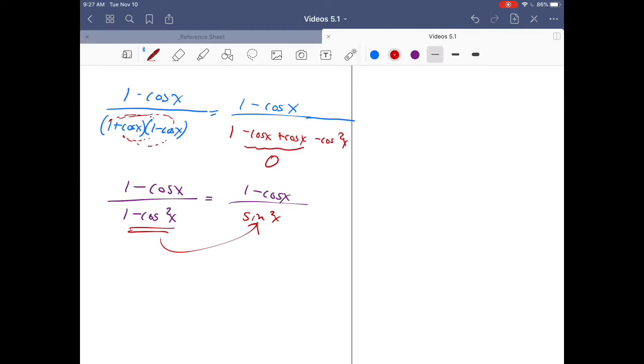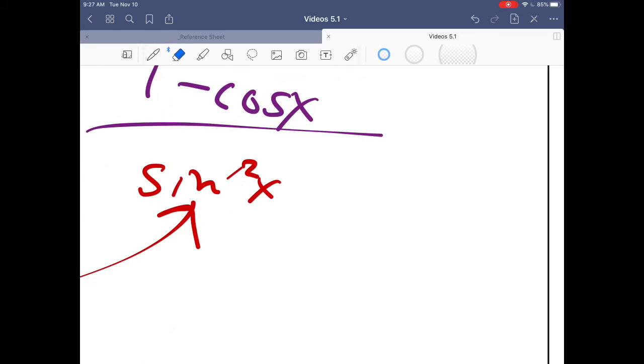And at this point, well, there's not much else to do here. The only other thing you could possibly come up with, if you really wanted to force it, would be that the sine squared could be brought up into the numerator. So 1 minus cosine is that. You could split the division up here into multiplication like this.